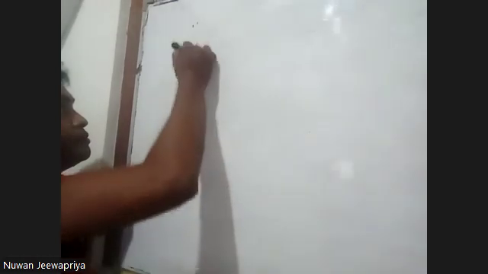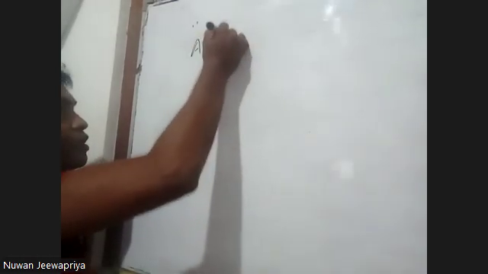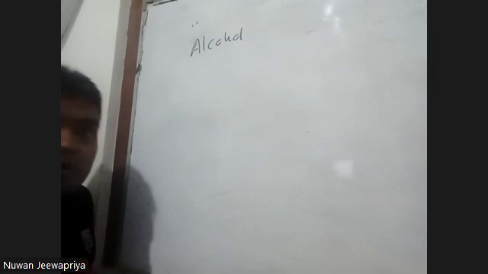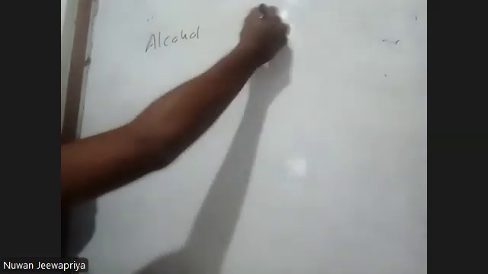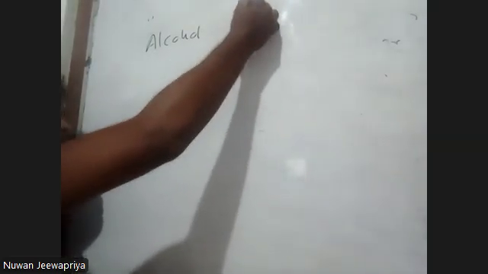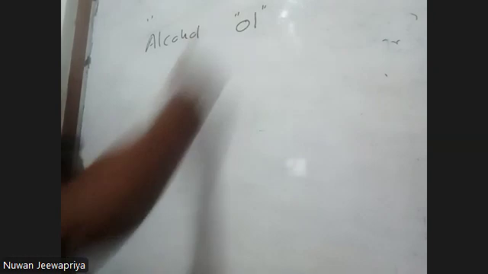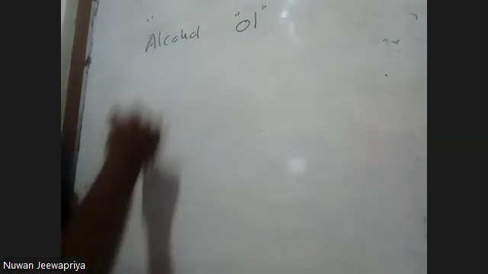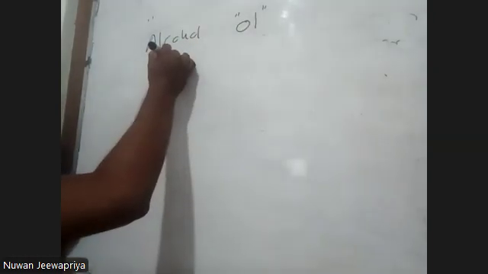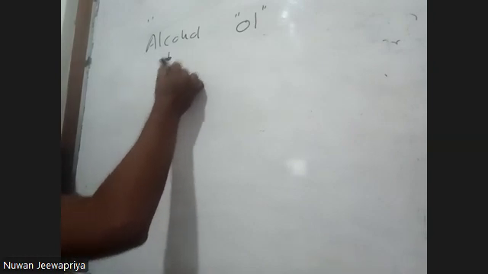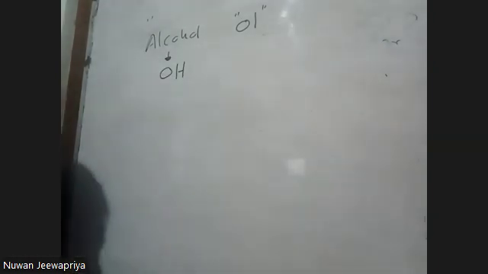Now children, there's another homologous series that is called alcohol. Alcohols finish their name with the suffix "ol". Alcohol has a functional group. So all the alcohols must have an OH group. See this one.